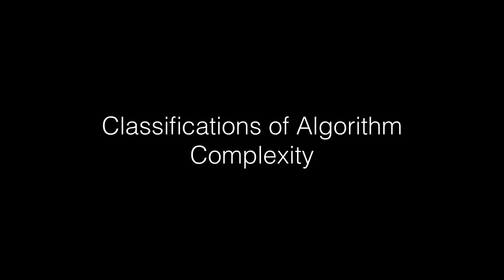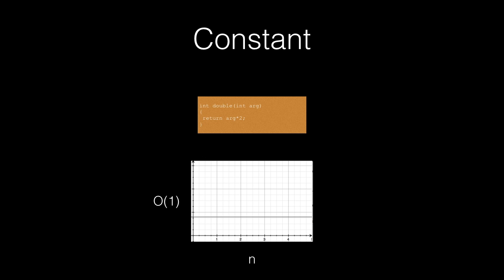So, big O helps us classify algorithm complexity, and I'm going to go over the most popular classifications of algorithms. So constant time, or big O of 1, is the fastest or simplest complexity class of an algorithm.